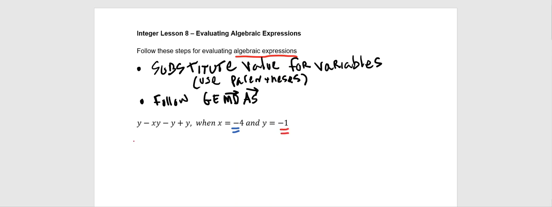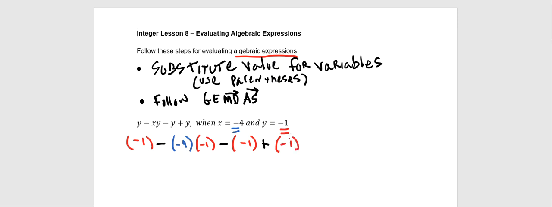So to start with, for y, we're going to do -1 minus, well, our x value is -4. Let's wrap that in parentheses, times y, -1. And then we're going to subtract our y value. So again, where we see y, we're being told that y equals -1. And then finally, if we don't have enough y's, we're going to add y one more time.